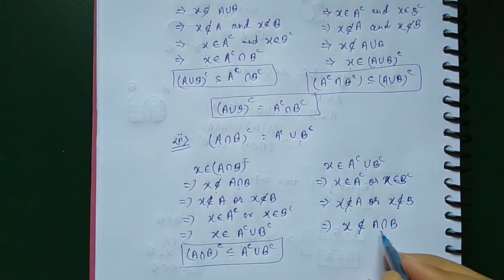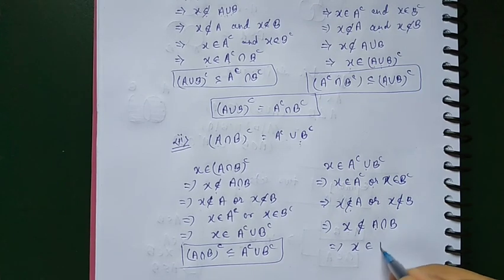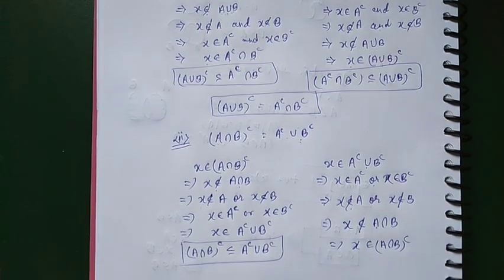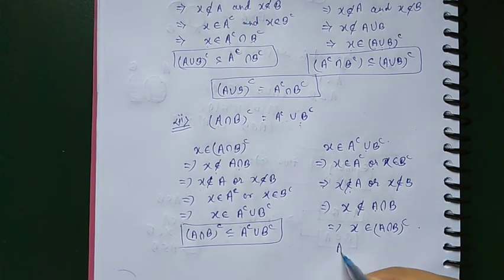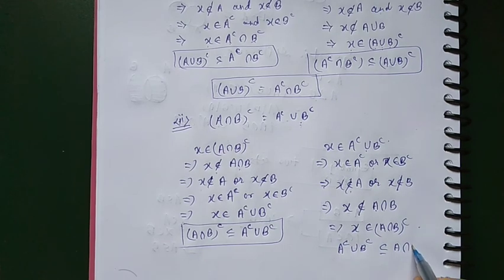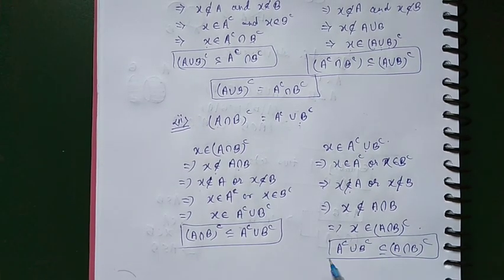So X doesn't belong to A intersection B. This will imply that X belongs to A intersection B whole complement. So by these two steps we can imply that A complement union B complement is a subset of A intersection B whole complement.